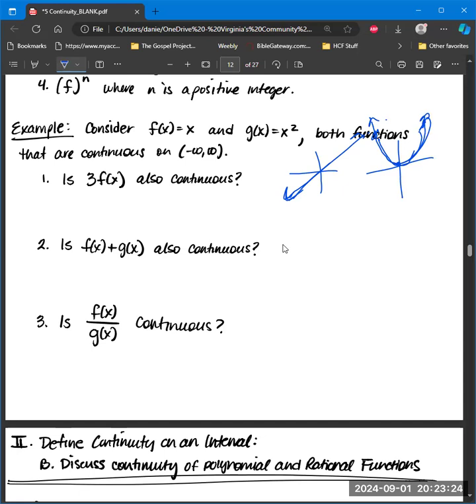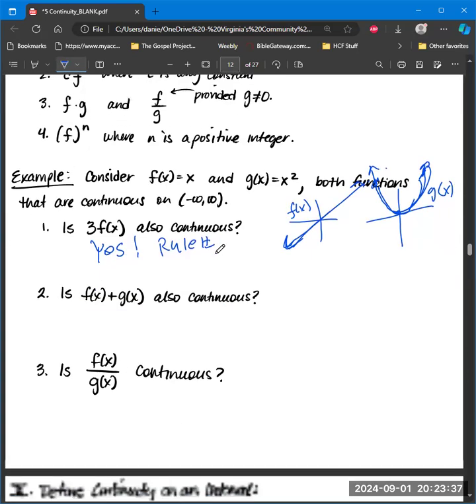What about 3 times f of x? We'll call this one f of x, and we'll call this one g of x. Is 3 times f of x continuous? Yes. Look at rule number 2, right?